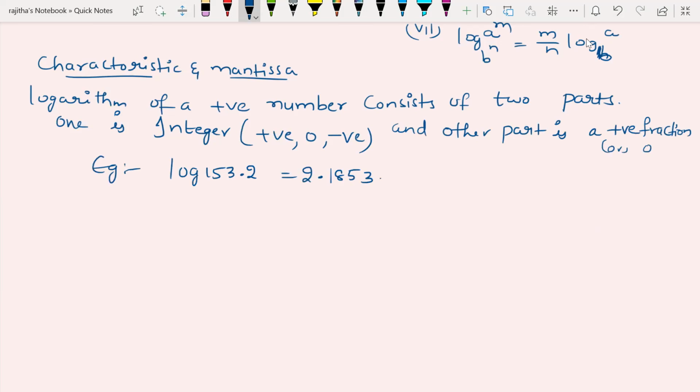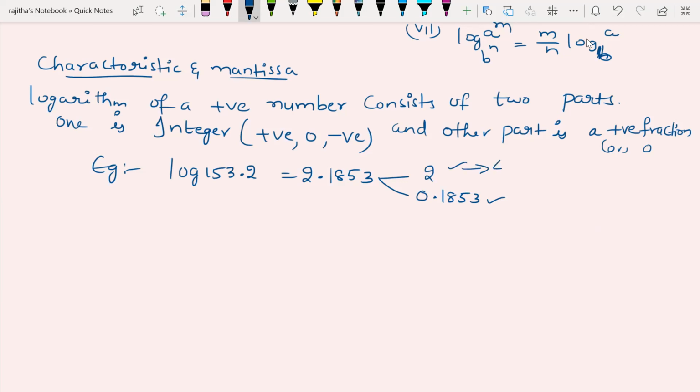Here it contains two parts. What are they? Here it is 2 and 0.1853. This 2 is nothing but the characteristic. 0.1853 is nothing but the mantissa. See, the integral part of the value of log x is the characteristic, and the positive fractional part is nothing but the mantissa.